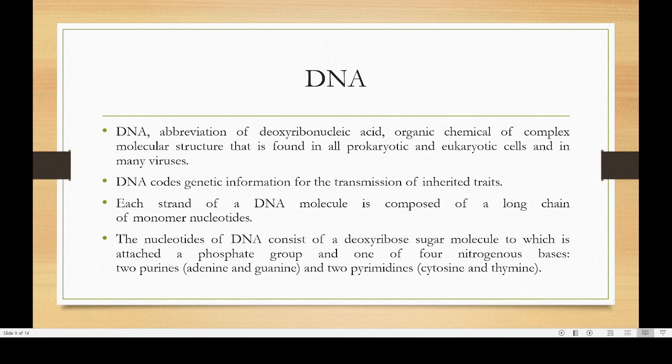DNA is a very small molecule, but it carries the information in a coded form, and those codes are used by our body to produce the appropriate protein at the hair level. For example, whether the color of the hair is black or brown depends on the type of protein present there. So it is the genetic code that is producing this kind of information.